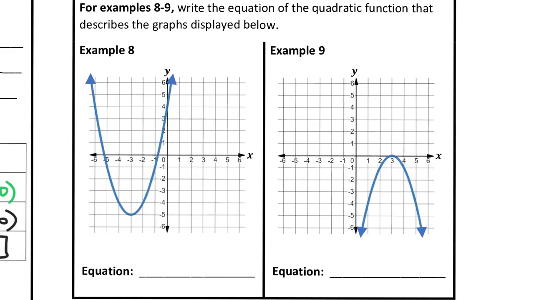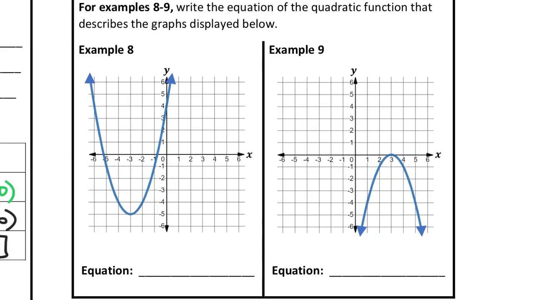it says, write the equation of the quadratic function that describes the graphs displayed below. So, if we notice, we can see how many steps to the left, how many steps to the right do we take.